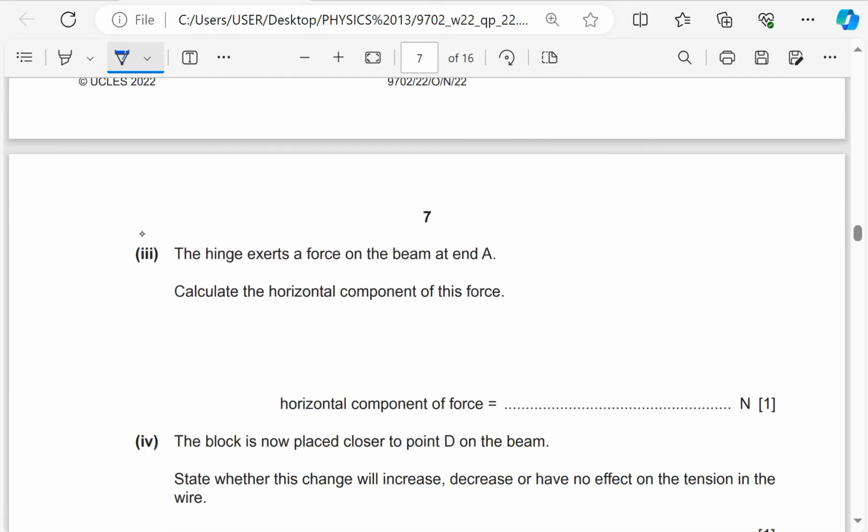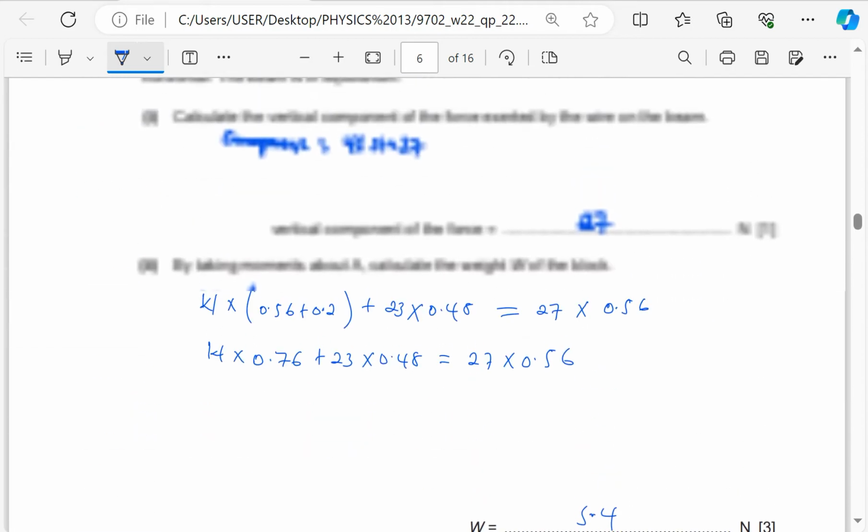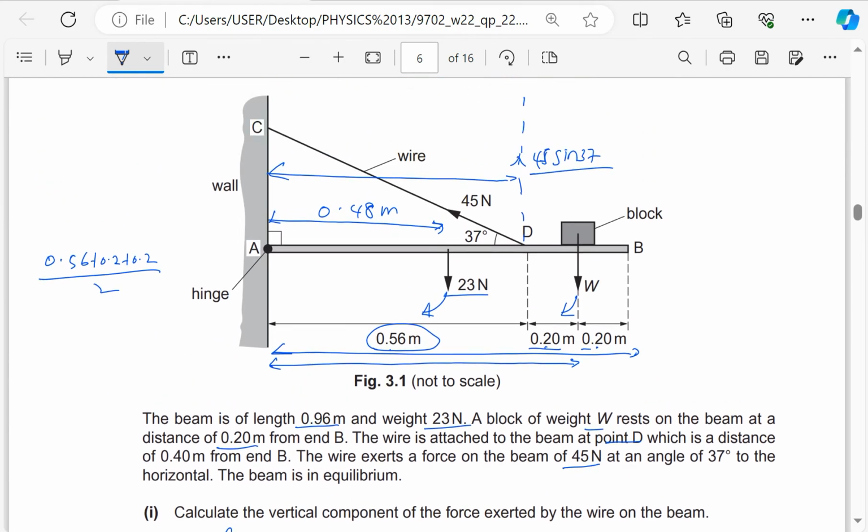The hinge exerts a force on the beam at the end A. Calculate the horizontal component of this force. So the hinge is exerting a force here, which must be acting in that direction and should be opposite to the horizontal component of the tension. This one has a horizontal component in that direction, which is balanced with this force here.